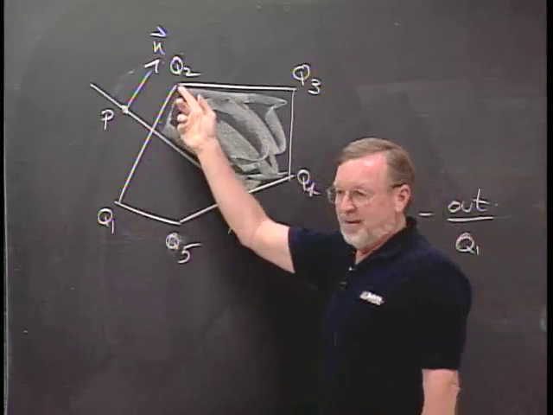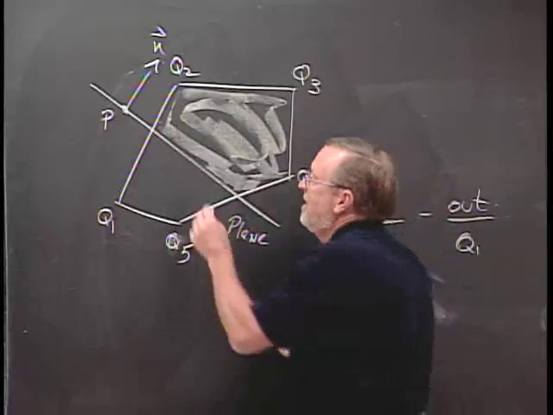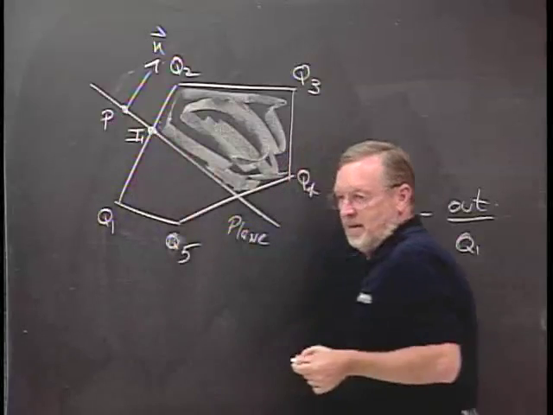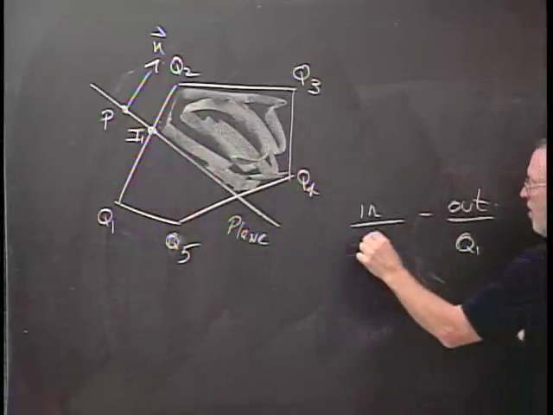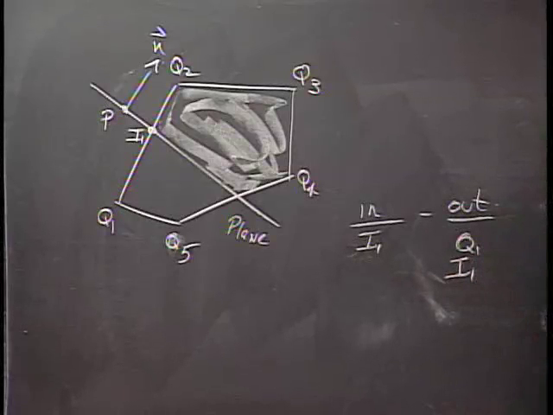Now Q2 happens to be in, okay? So what I do is I calculate this point here, I1, okay? And I put I1 on both lists. I stick I1 on both lists because it's both in and out, okay?